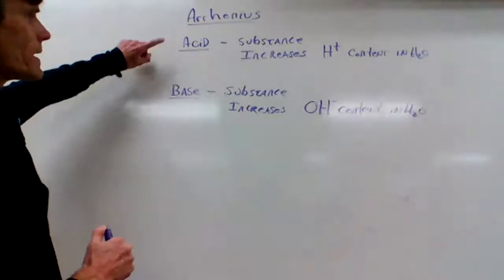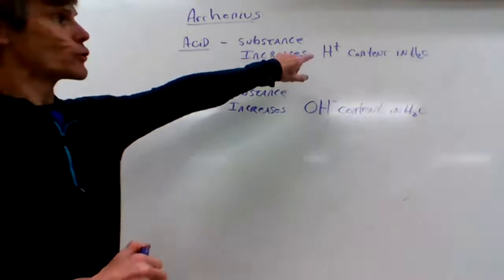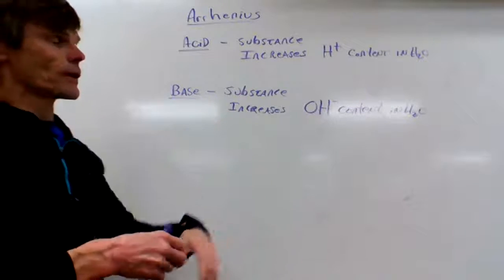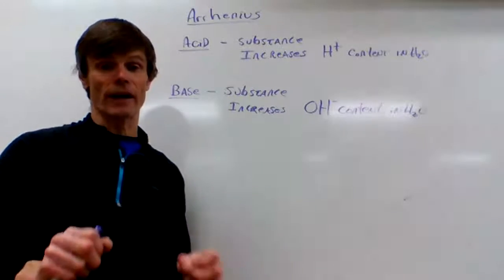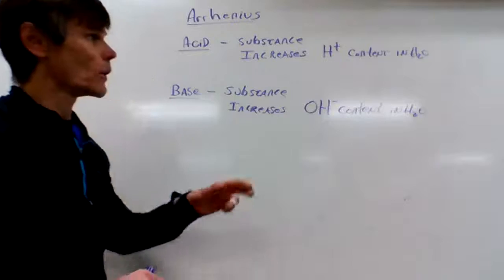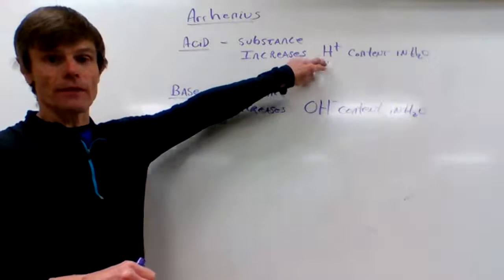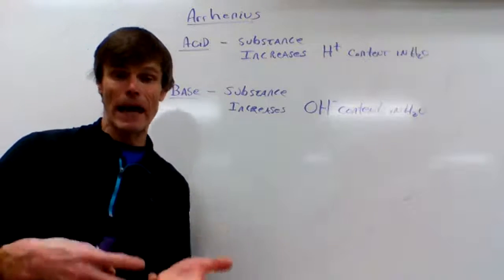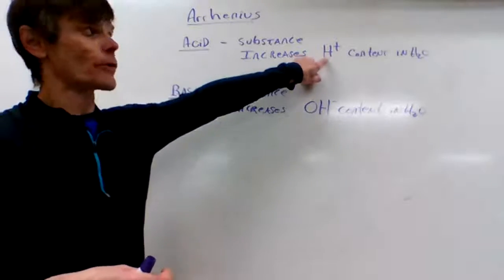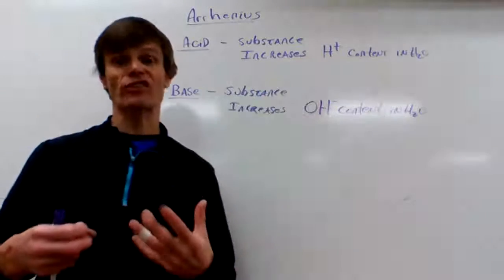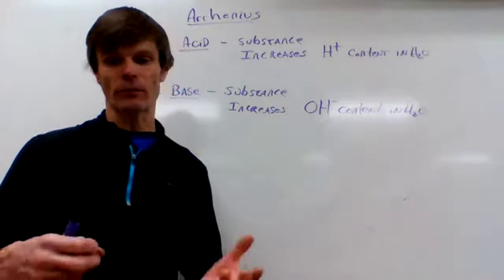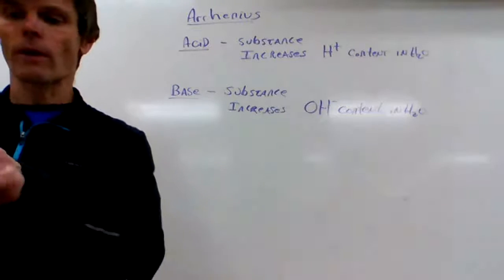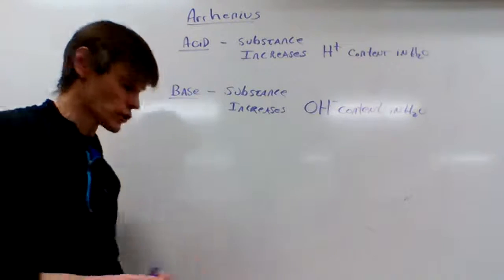Now, remember, Arrhenius focuses on the hydrogen ion content increasing for an acid and the base as increasing the hydroxide ion content of water. We're going to show in a few minutes that this is important when we start to learn how to identify an acid or a base by looking for hydrogen or hydroxide. But first, let's discuss a little bit about the Bronsted-Lowry definition.